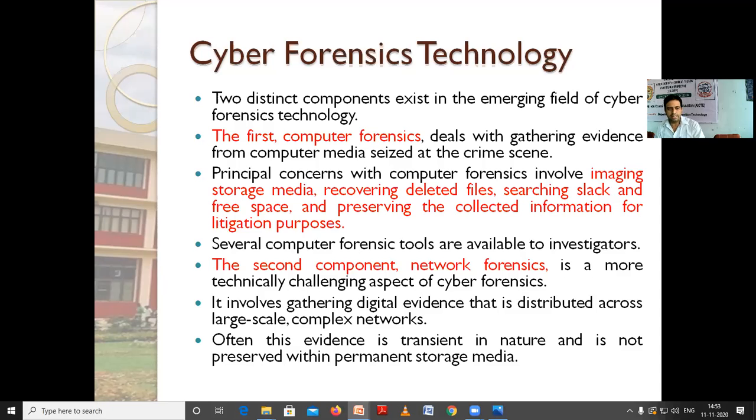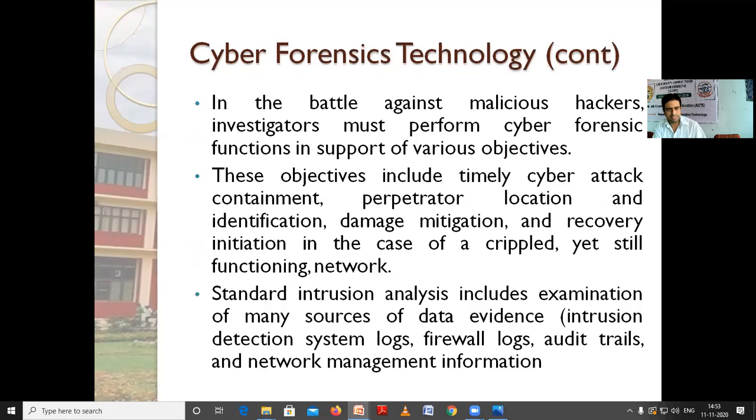So it is comparatively more complex to deploy as well as to get the results in the form of network forensics. So in the battle against malicious hackers, investigators must perform the cyber forensic functions in support of various objectives.